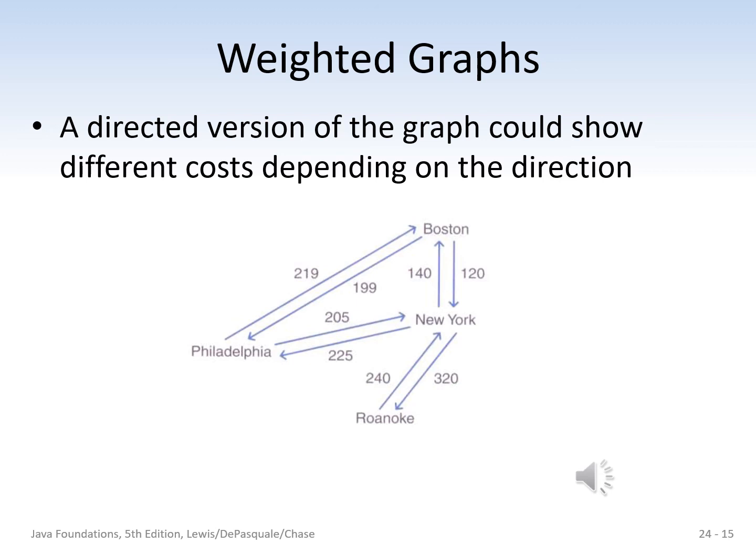And from Boston to Philadelphia, it's 199. Or maybe it's a supply and demand thing. From New York to Boston is 140. Boston to New York, 120. Philadelphia to New York, 205, 225, the inverse. So you get the idea of how this network could be implemented with a weighted graph, either directed or undirected.